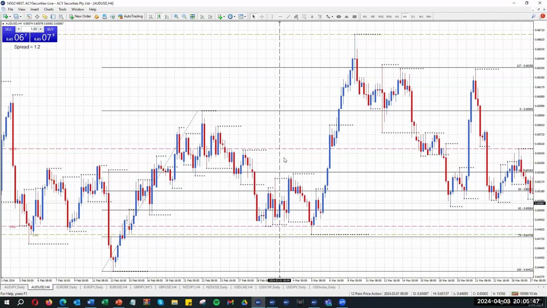Let's just get rid of that line. We know where the new month is. It's here. There's a number of 4-hour lows here. And we come down. We almost get down to the 79% level. So if you were looking to trade right at the 79% level, you would have missed. But then we kind of reject, come back up, and we start to false break this area of support here.